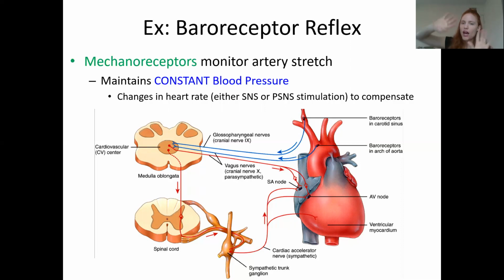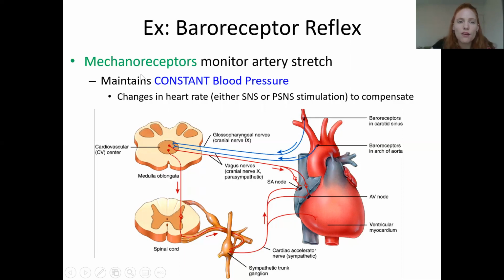So when the blood pressure increases, that's going to make it so that the blood is pushing on the wall more. That would stretch the blood vessel more. That'll then take the information to the brain. Once it's in the brain, that's going to trigger a response that's going to decrease heart rate, and that will make it so that the blood pressure will go back down.